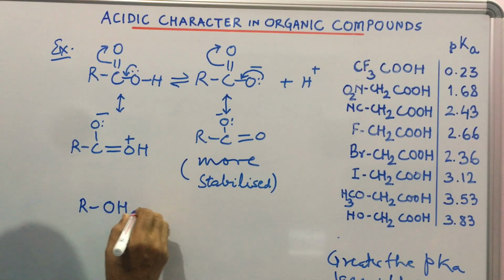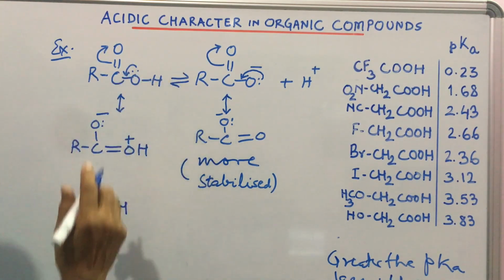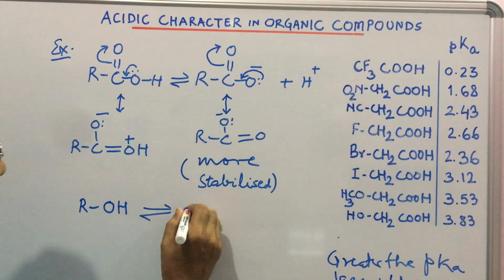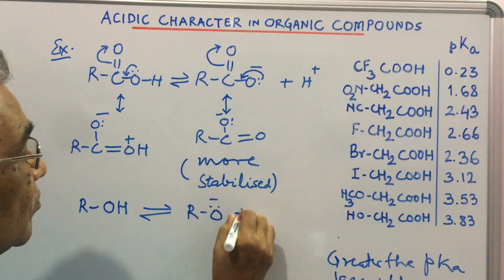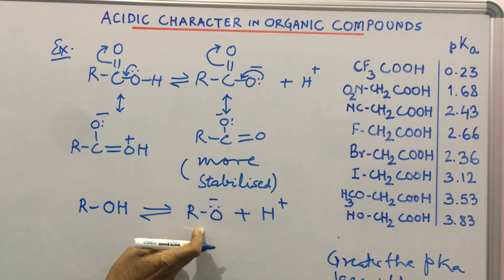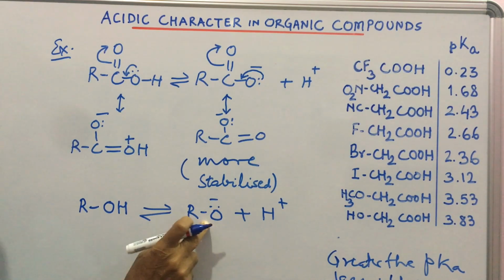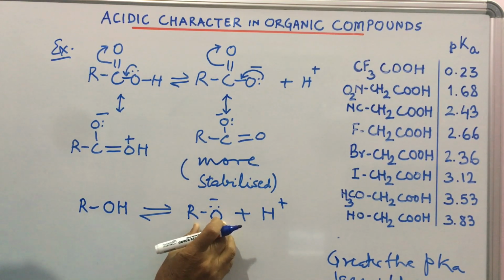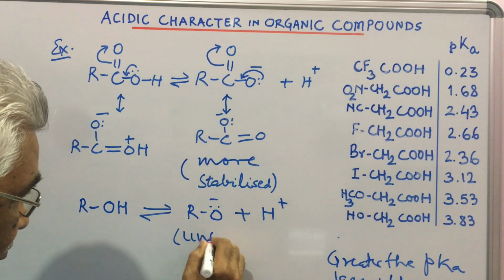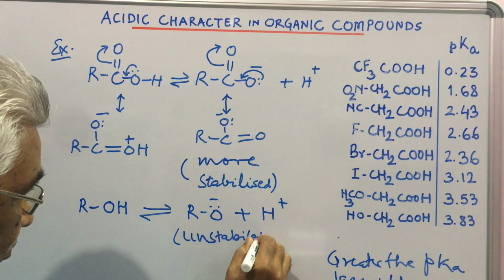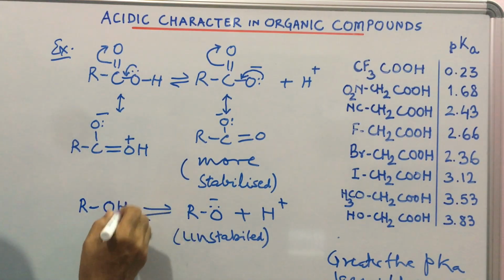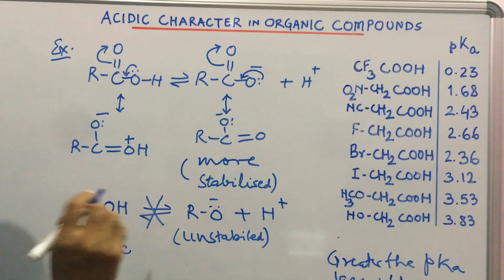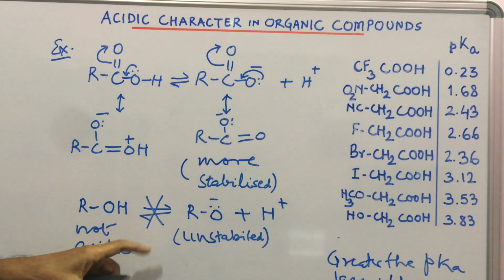This also has ROH, OH here like this, but if you write this loss of proton like this, alkoxy ion, this has nothing to stabilize this system, CH3 or C2H5 etc. do not stabilize it. So, this is unstabilized. Therefore, it is not acidic. This ionization will not take place.